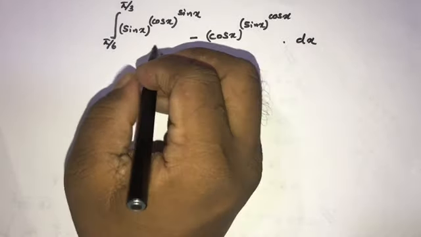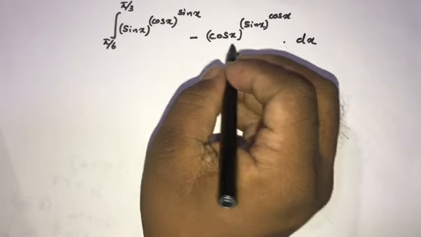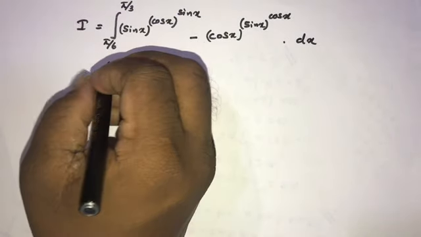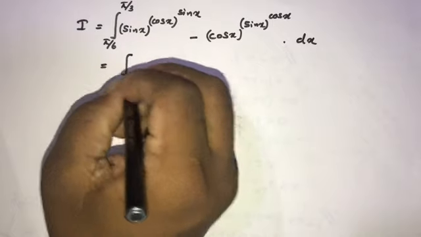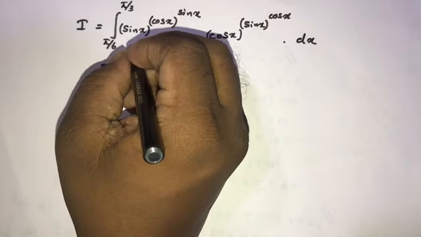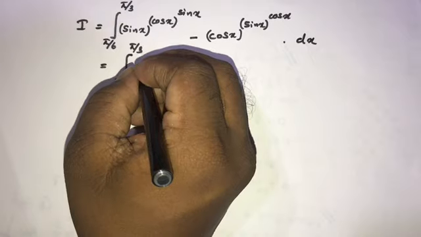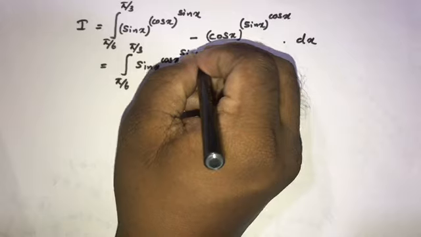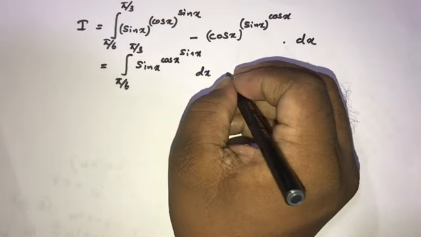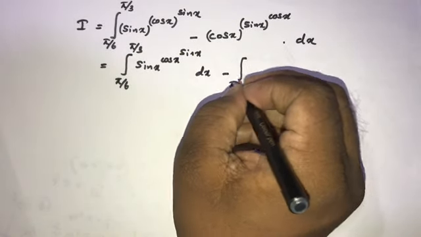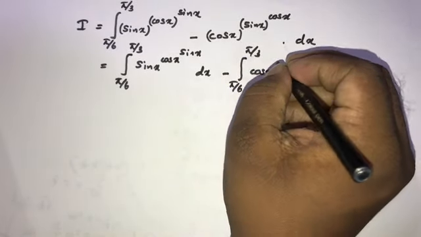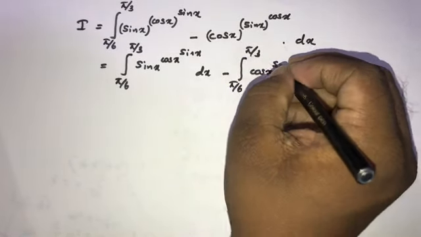Well, first we can write this integral as two different integrals. So now I am going to take this equal to I, and now we can write the integral from π/6 to π/3 of sin x to the power cos x to the power sin x dx, minus the integral from π/6 to π/3 of cos x to the power sin x to the power cos x dx.